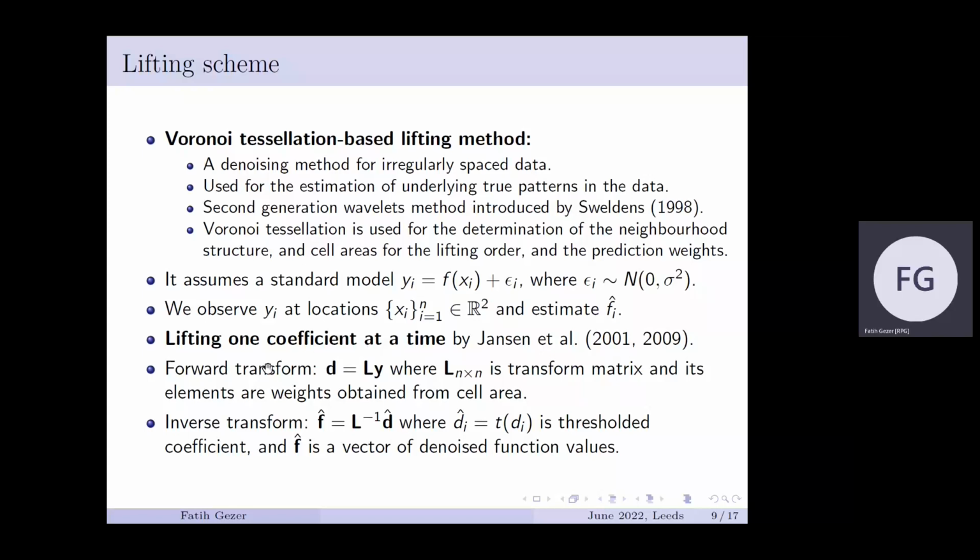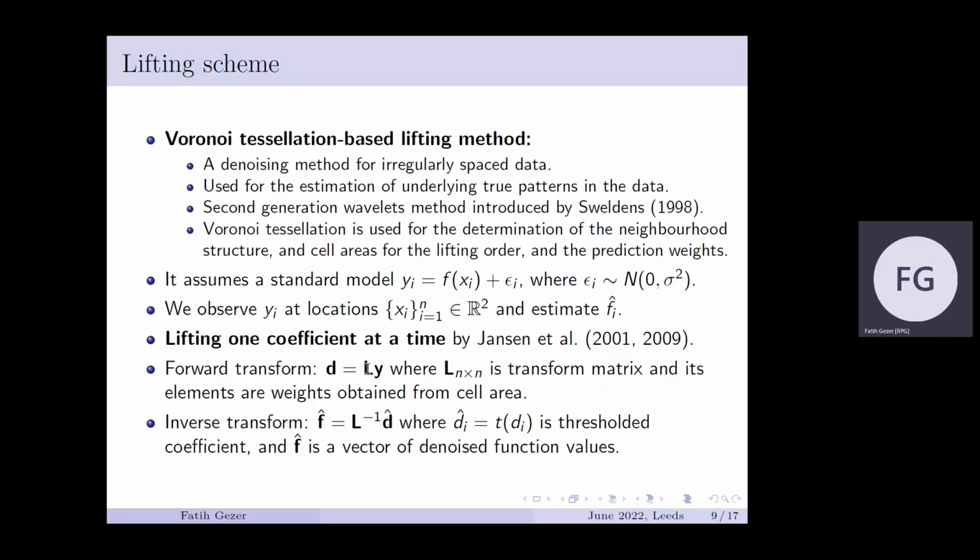So it is a transform that creates the coefficients d, which is calculated using a transform matrix. I'm not going to go into details, but you can ask me if you have any questions about it.